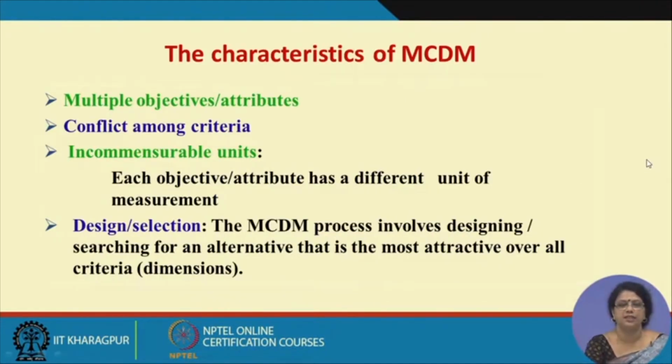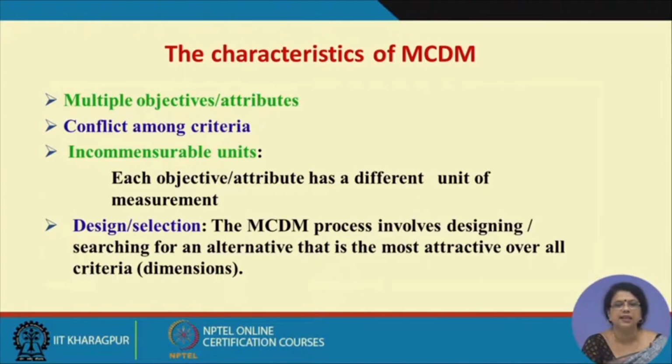Now, if I summarize the characteristics of a multi-criteria decision making problem, we will have multi-objective or multi-attribute criteria, and all the criteria are conflicting in nature. Another very important thing is that all criteria are incommensurable in nature.